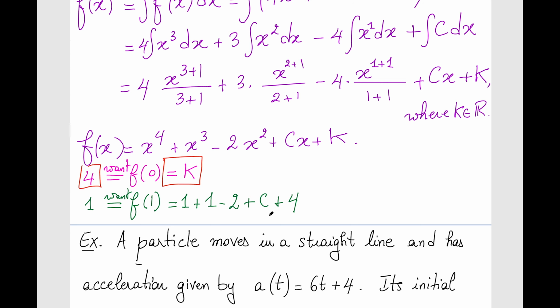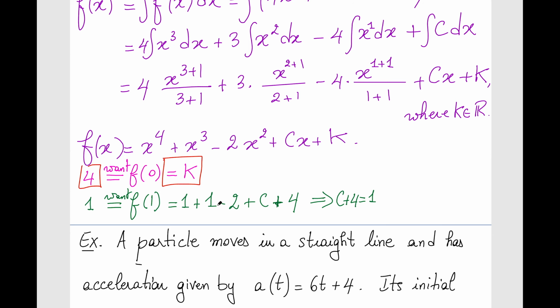Correct? So how much is c then? Solve for c. You have this sum should be 1, right? What's 1 plus 1 minus 2? 0 here, right? 1 plus 1 is 2. 2 minus 2 is 0. So c plus 4 is equal to 1.